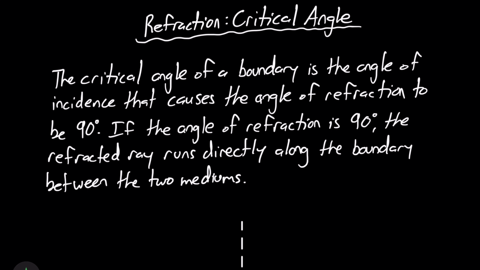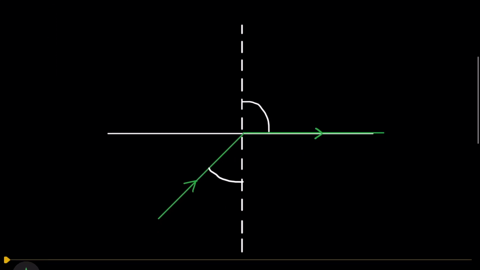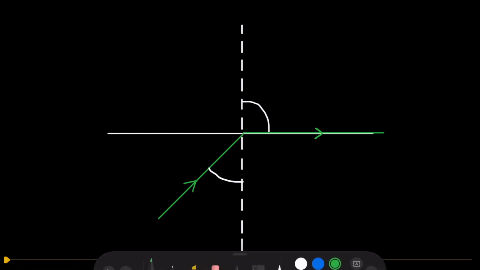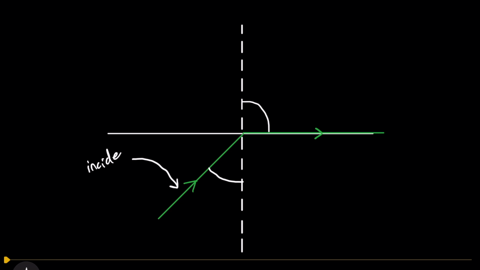So let's take a look at this diagram here with that in mind. We'll just draw a few lines on this diagram and make some labels and try to make some sense of this. First off, we have our incident ray right here.